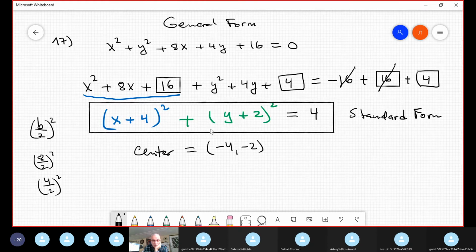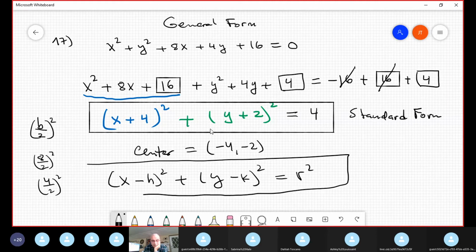The reason is that my formula is x minus h squared plus y minus k squared equals r squared. So you compare that formula and that formula. You can see, wow, h is negative 4 because this negative 4 and this negative together become positive. Likewise, this negative 2 and this negative together become positive.